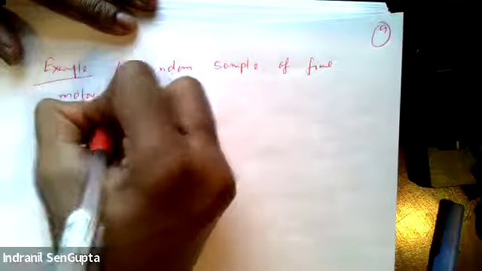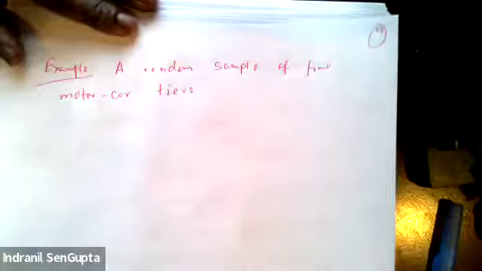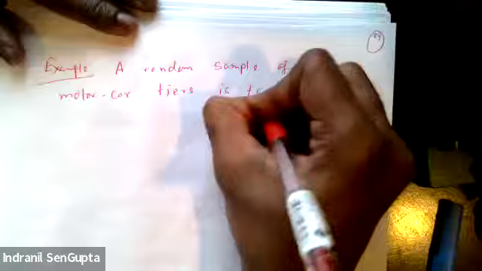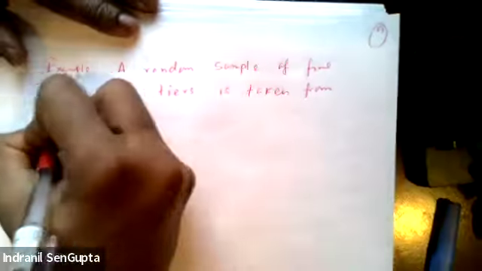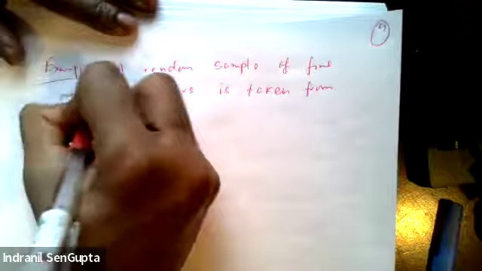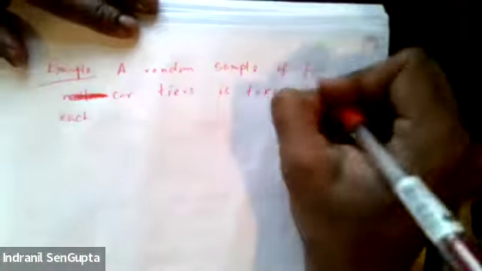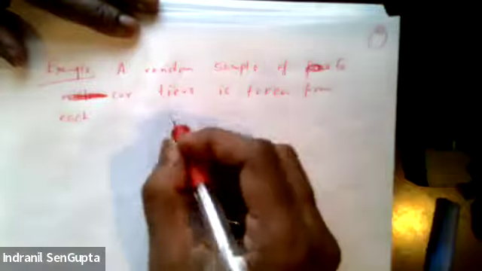A random sample of 5 motor car tires is taken from each of 3 brands manufactured by 3 companies.